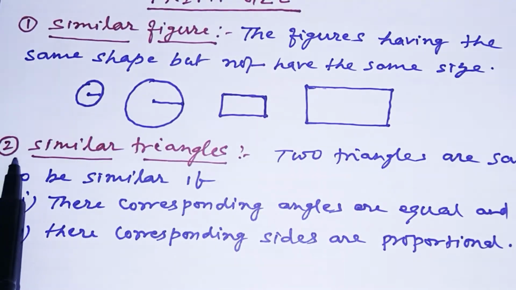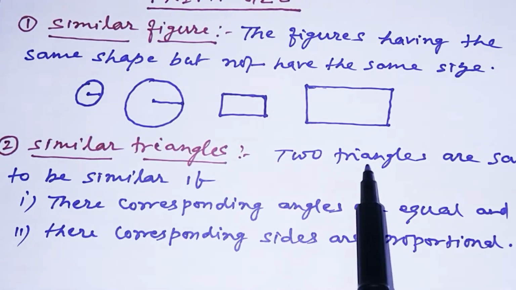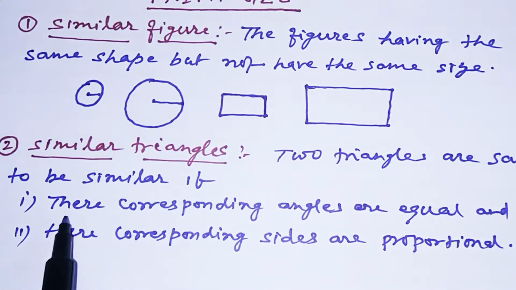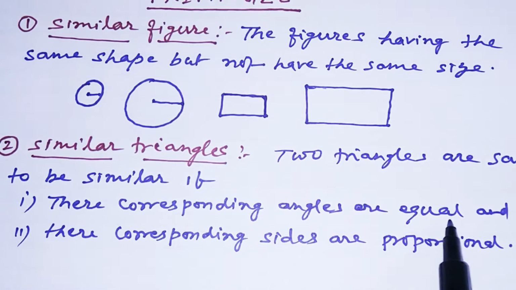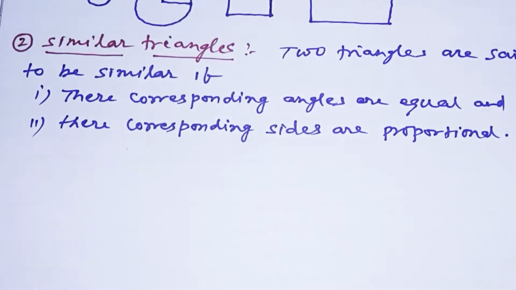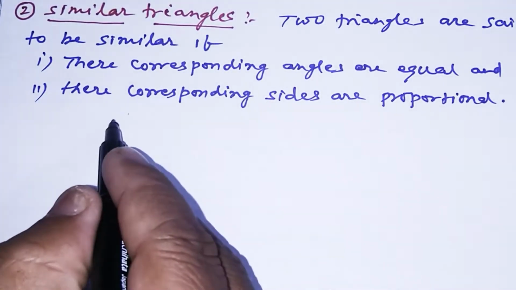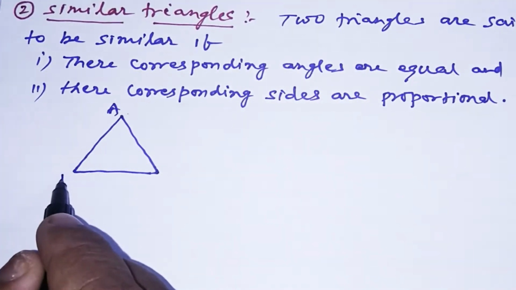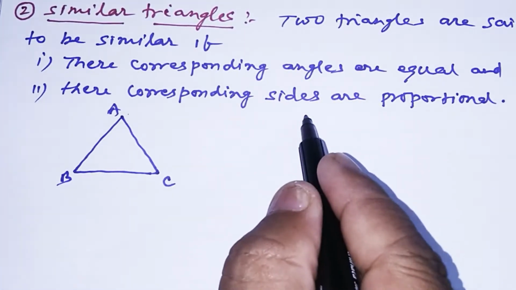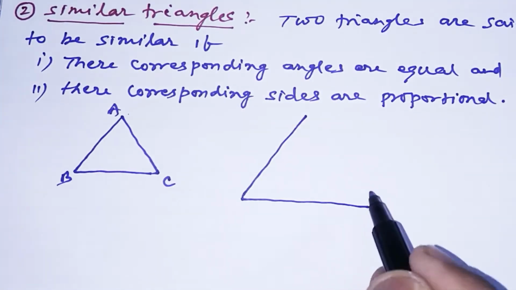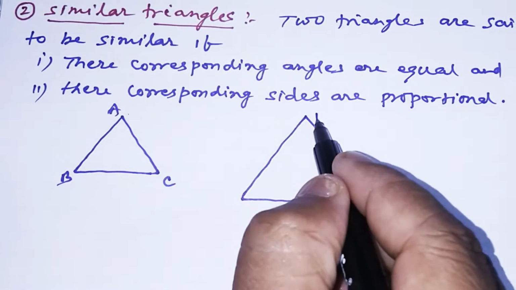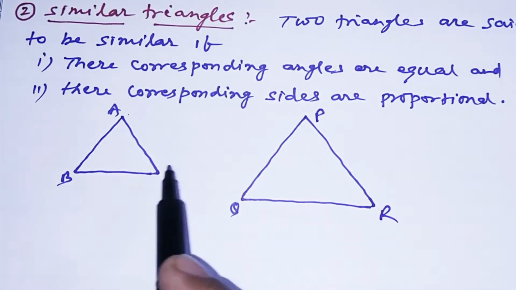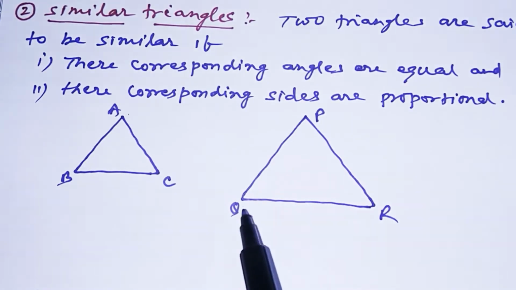Two triangles are said to be similar if their corresponding angles are equal and their corresponding sides are proportional. If we take two triangles, let one triangle be ABC, with vertices A, B and C. Another triangle, a little larger than this, is PQR. So we have triangle ABC and triangle PQR.